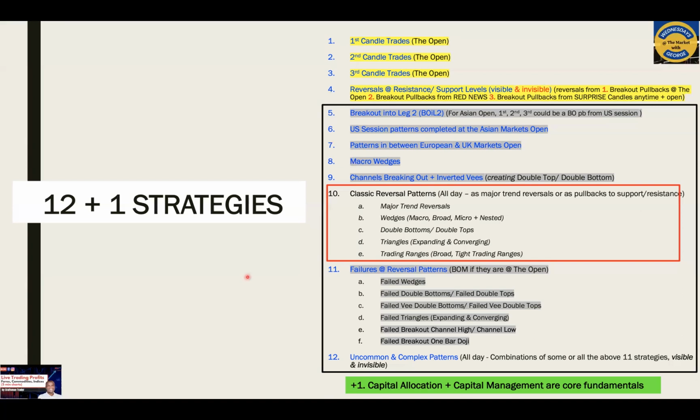In any case, that's the plus 1 strategy, but I also have these 12 other strategies that I trade. They may appear a lot if you're not into price action trading or have not been exposed to how I trade.